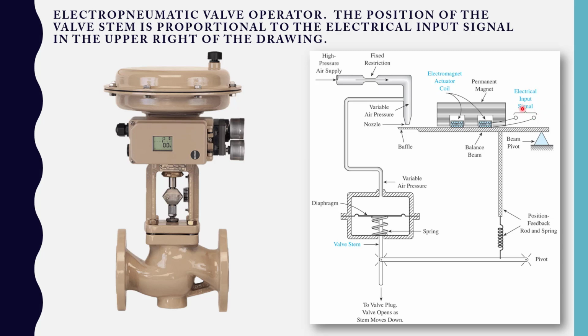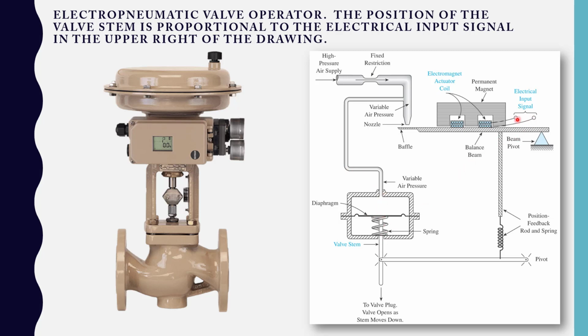coming from our controller. If it needs a little change, we'll just get a little bit of current and consequently a little bit of movement in this, which is going to cause a little bit of a change in the air flow that's going this way, which is going to cause a little change in how much this moves.